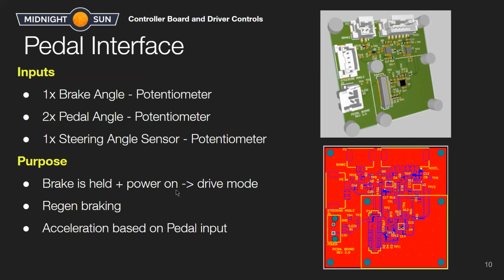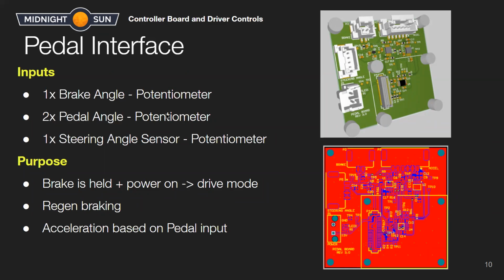That will make us safely transition from an off car to an on car with motor controllers ready to go. Another purpose of knowing the brake angle is for activating regen braking. And for acceleration, what we send to our motor controllers is based on the angle that we're pushing on our accelerator pedals, which again come from those two pots from our pedal angles.